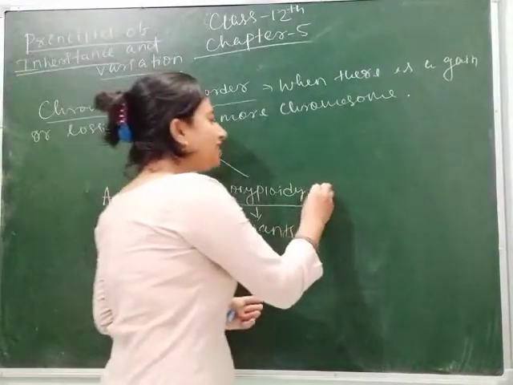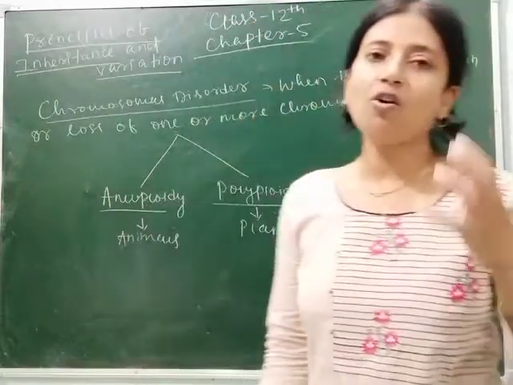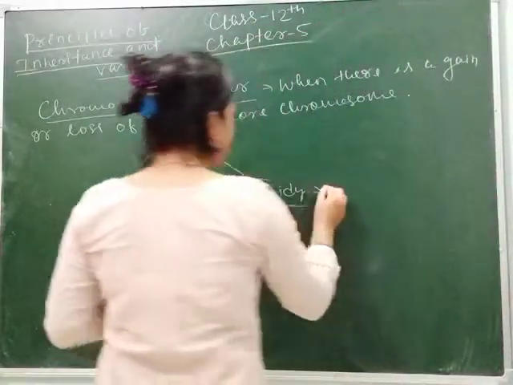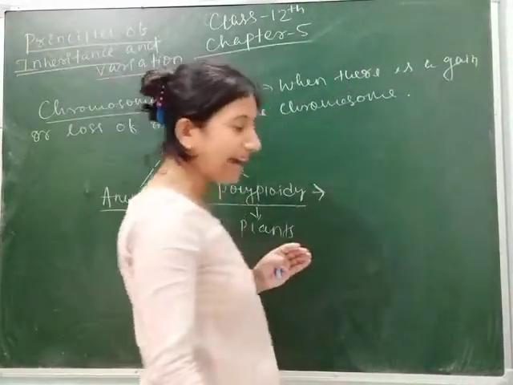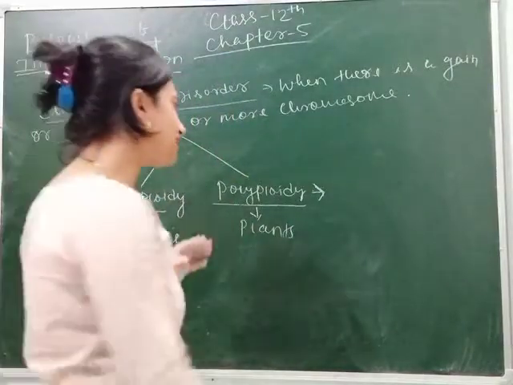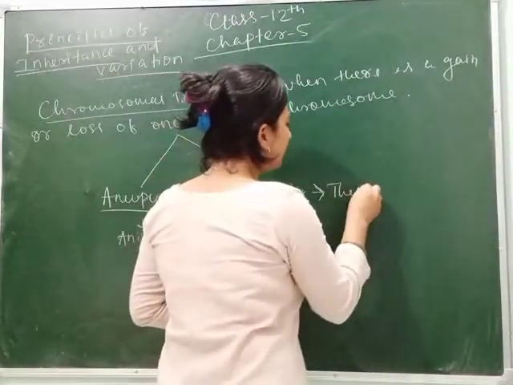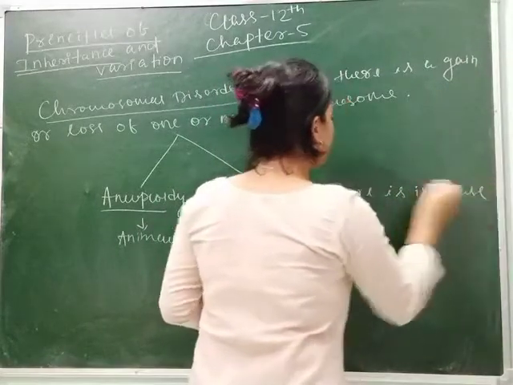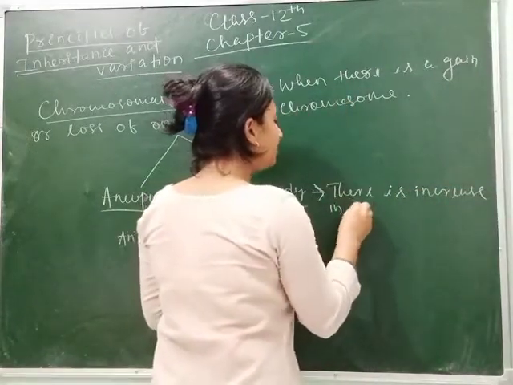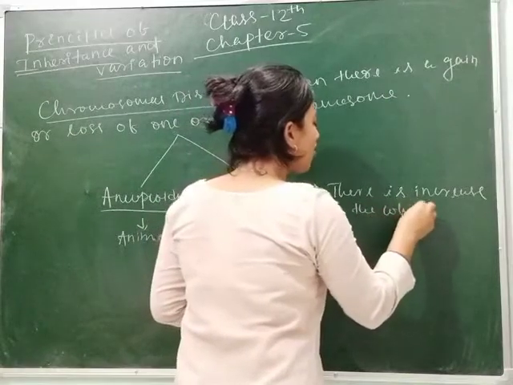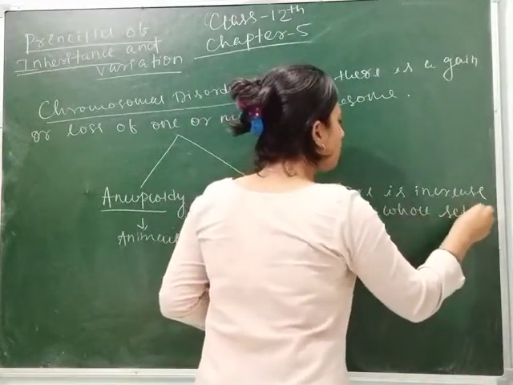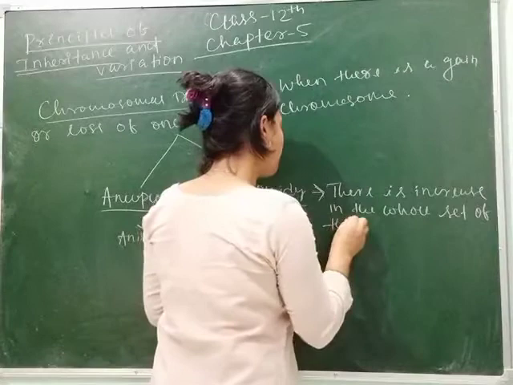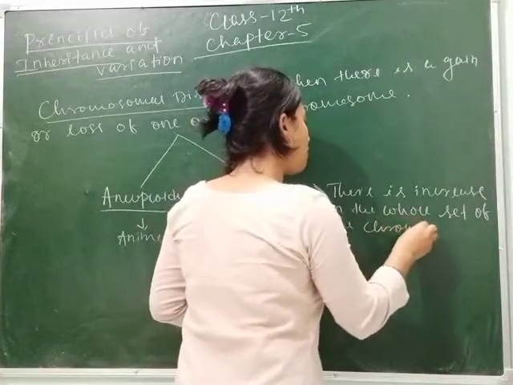In polyploidy, which is seen in plants, there is an increase in the whole set of chromosomes.